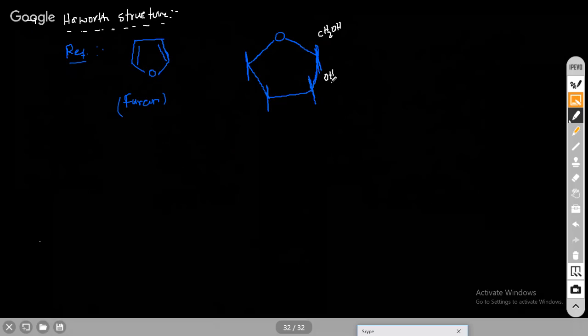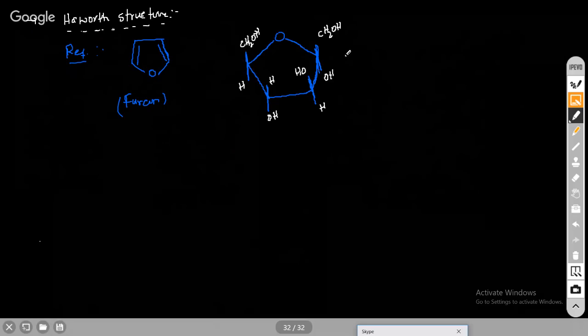And then we'll go alternate. OH will be here, then OH will be on the bottom, and the fifth carbon contains CH2OH and H, so here we have CH2OH on the top, and all these positions we have hydrogen.